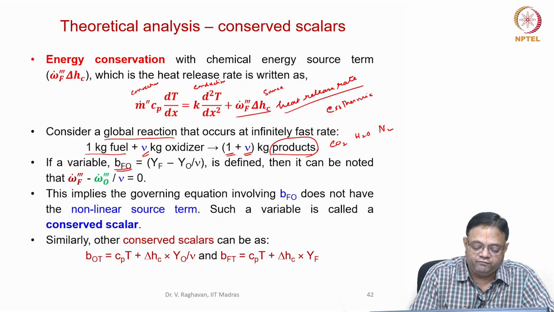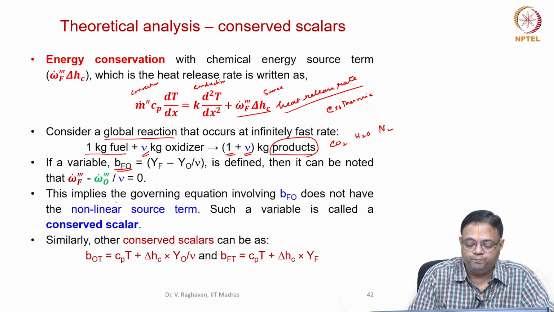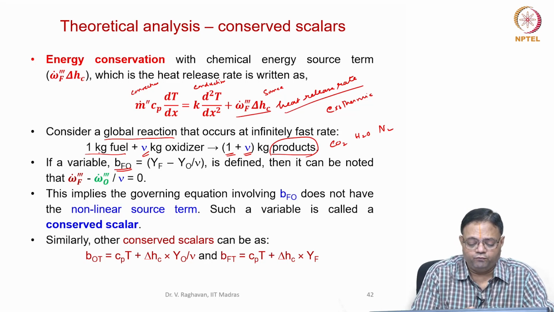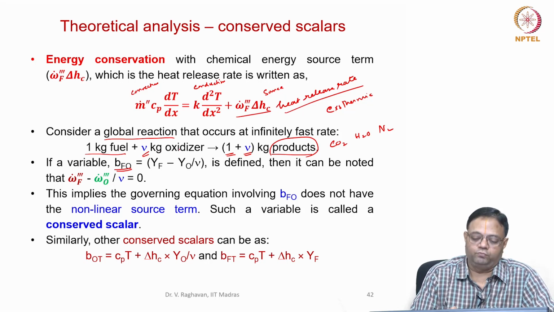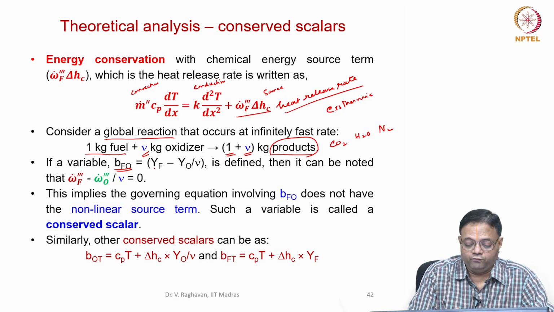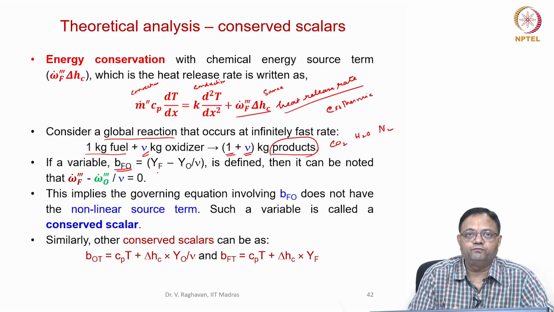Now I am defining a variable called B_FO, which is Y_F minus Y_O by nu. We note that if 1 kg of fuel is consumed, nu kg of oxidizer will be consumed, correct? So, at the reaction zone, if 1 kg of fuel is consumed, nu kg of oxygen is consumed.